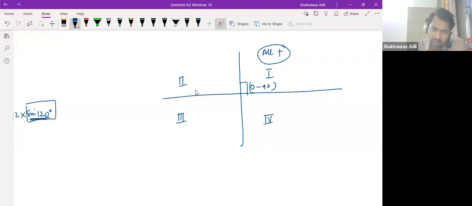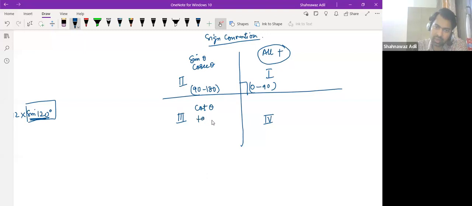In the second quadrant, which is 90 to 180, only sine and its reciprocal cosec theta are positive. Right? This we have to remember. And in the third quadrant, cot and tan are positive.